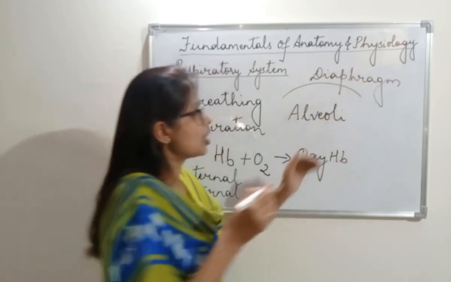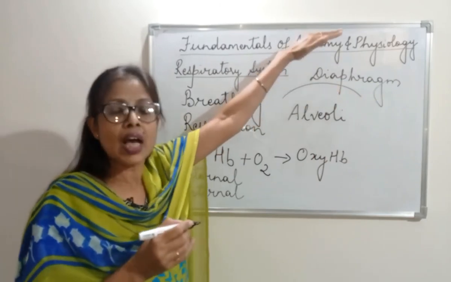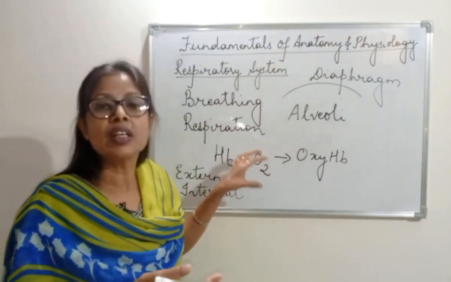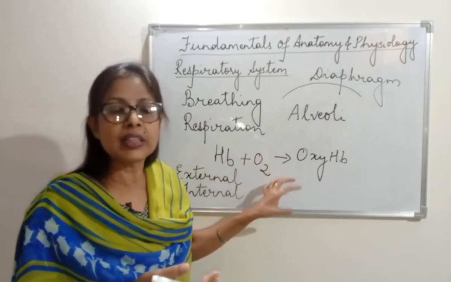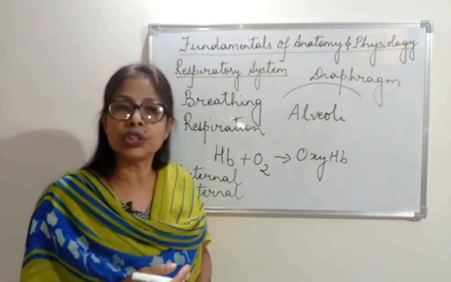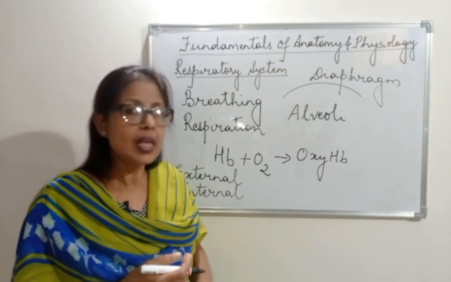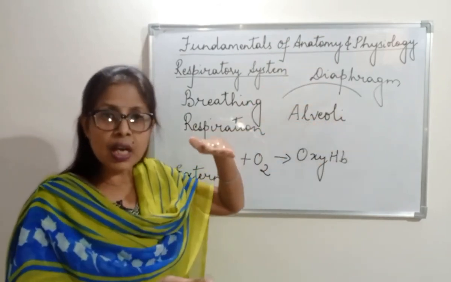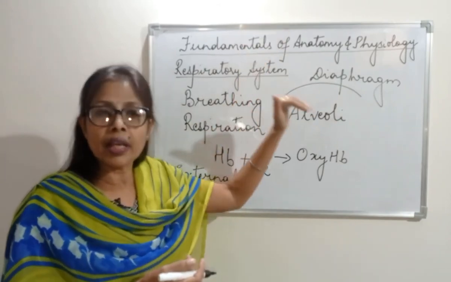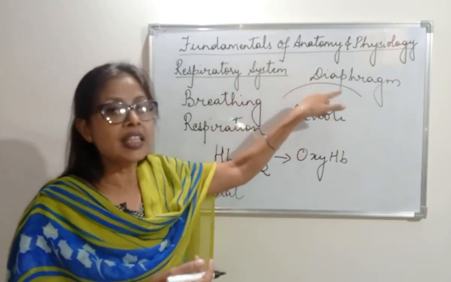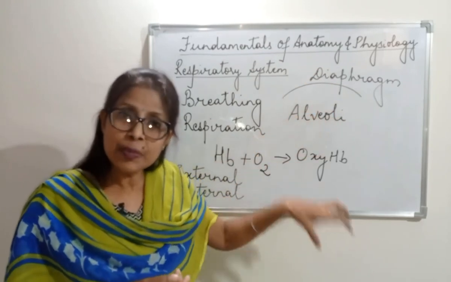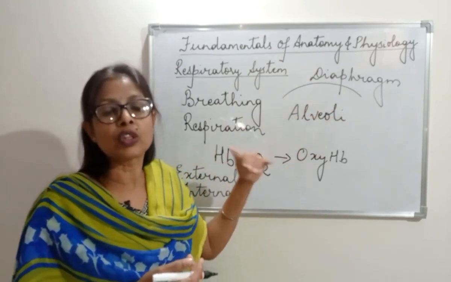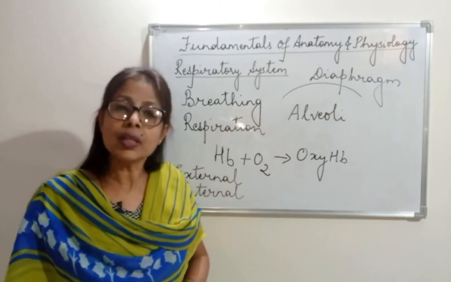When this diaphragm moves up, the lungs contract, and whatever carbon dioxide is present in the lungs goes out into the atmosphere. When this diaphragm relaxes or comes down, the air from the atmosphere enters the lungs and keeps back oxygen, and the remaining carbon dioxide is thrown out of the lungs.